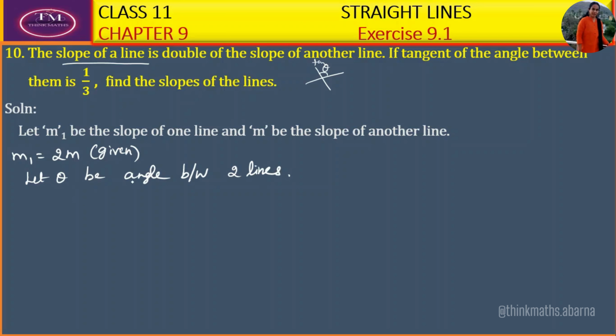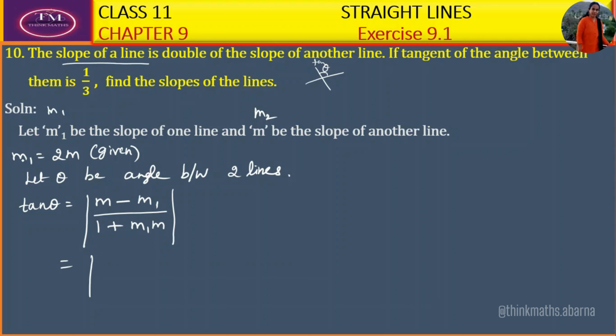So if theta is the angle between two lines, we have the formula tan theta is equal to modulus of m2 minus m1 divided by 1 plus m1 m2.